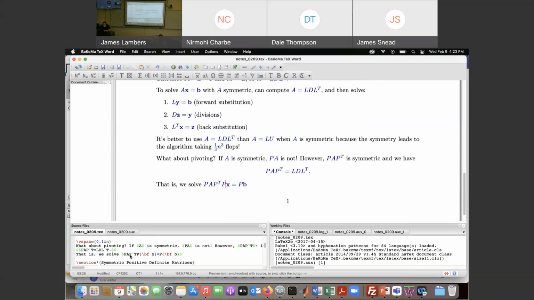But P is an orthogonal matrix, so the inverse of P transpose is P. In other words, P transpose P is identity. So now you're solving this system.